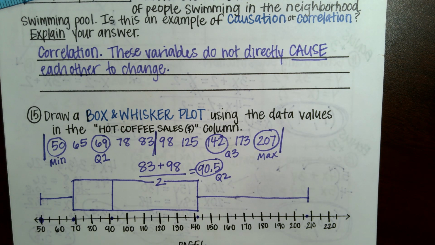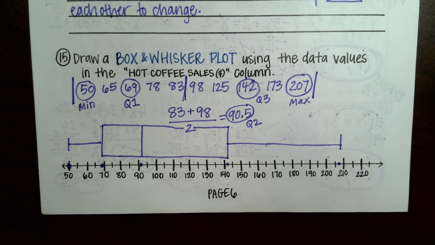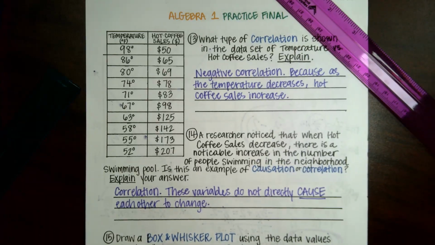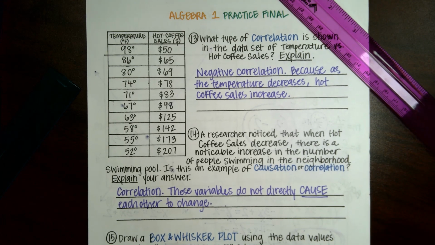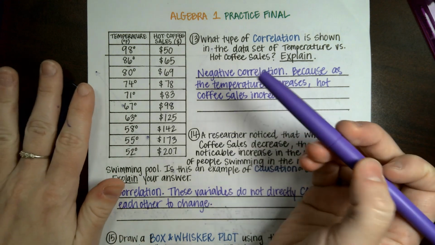Any questions? That's it. That's your final. I do have a note about the data sets that might be useful. If your data set is even, your median, you're gonna have to figure out by adding the two middle numbers. But if it's odd, you're gonna have a perfect middle. That's right. So absolutely, Jeremiah, you are 100% correct.